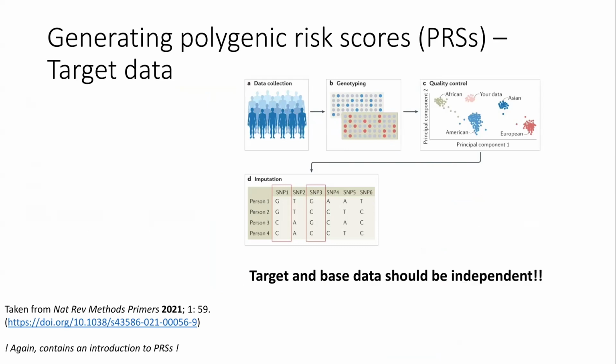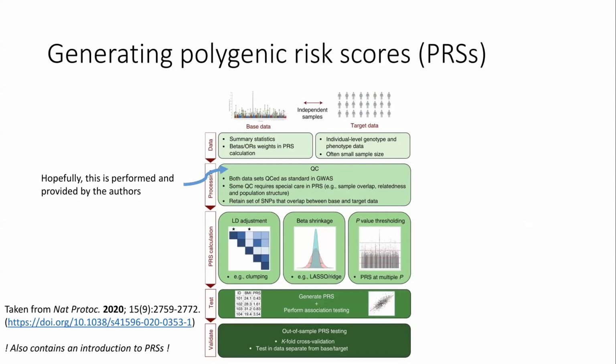For the target data, we need a sample or a single individual for whom we do genotyping, quality control, and imputation. And using the results of the target data, we now can do the scoring. But before that, you have to do a quality control step.